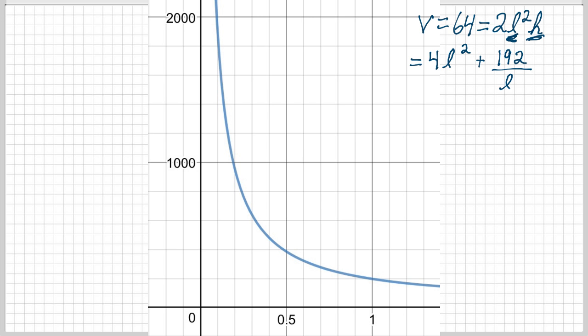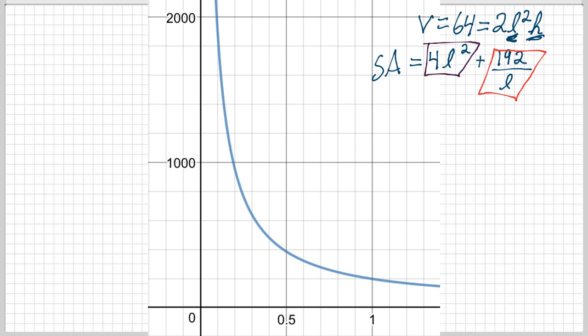So that is going to make this guy shoot off towards infinity. So as L goes to 0, this goes to infinity. Surface area. And then as L goes to infinity, this guy goes to infinity.